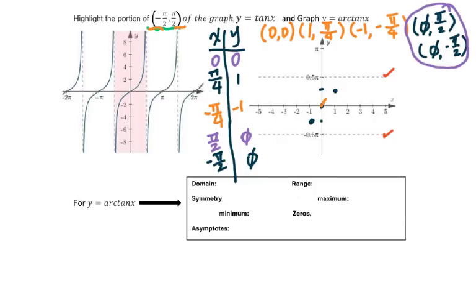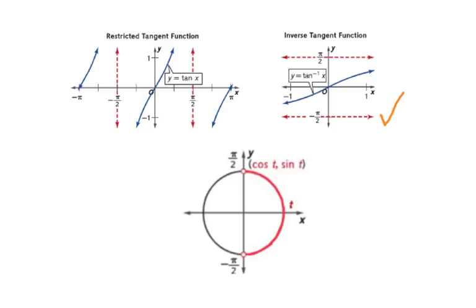Therefore, I will sketch the graph like this. Here is a more accurate inverse tangent function. If we want to use unit circle to show the range of inverse tangent function, it will be between negative pi over 2 to pi over 2. Remember, this is an open circle, means not included.